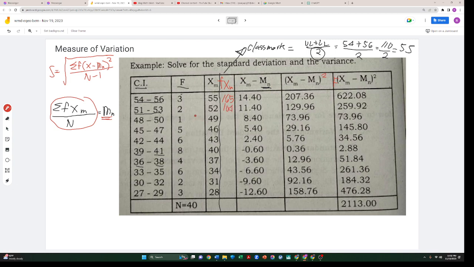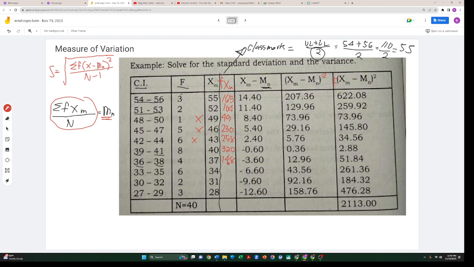You just multiply them. 49. 5 times 46, which is 230. 6 times 43, which is 258. 8 times 40, which is 320. 4 times 37, 148.